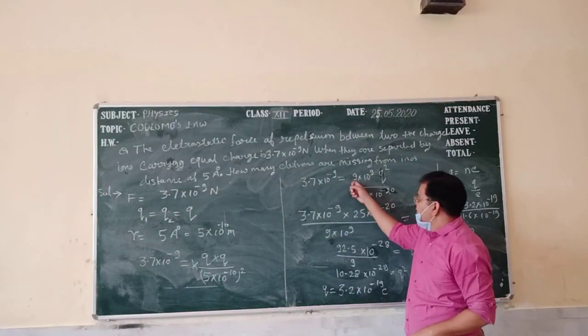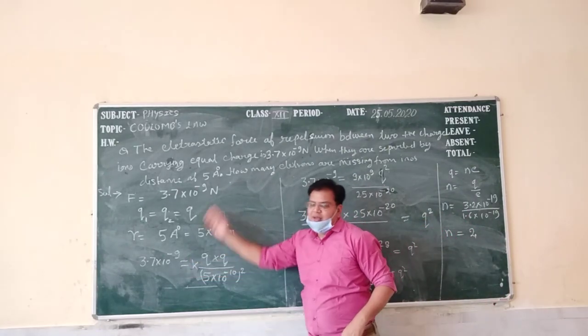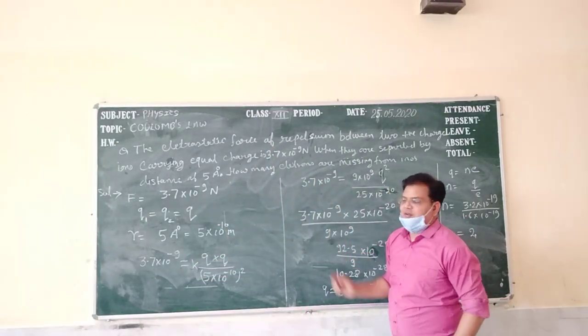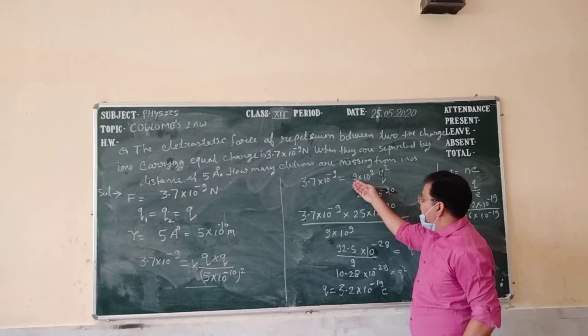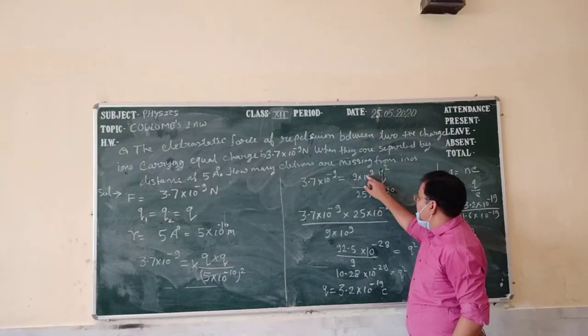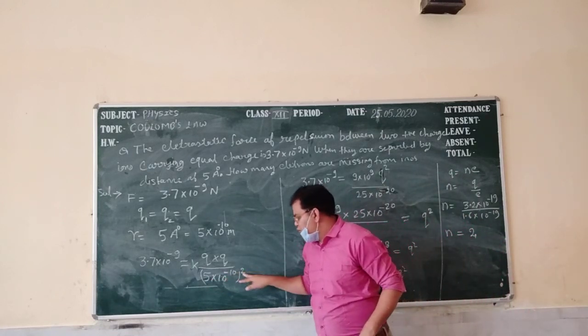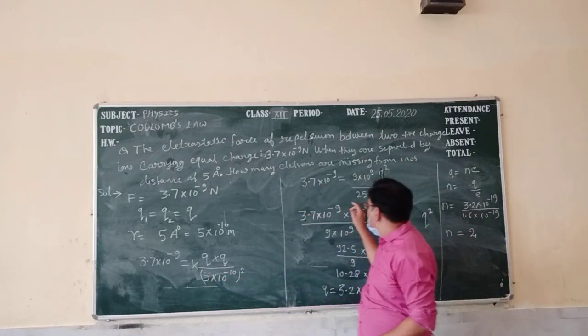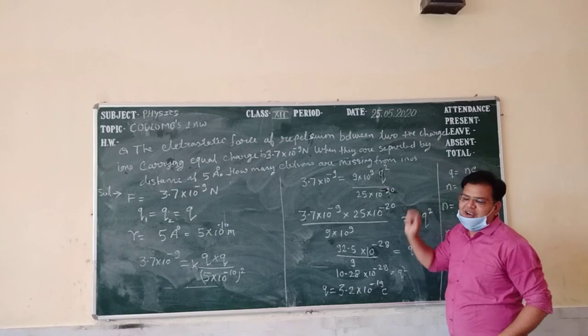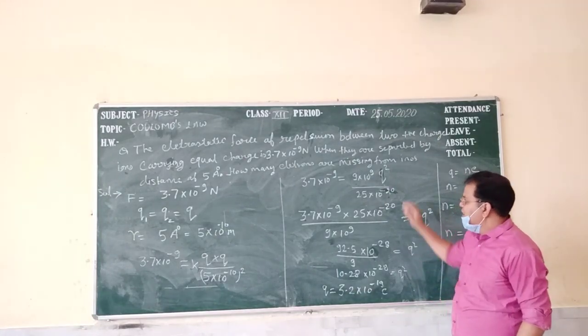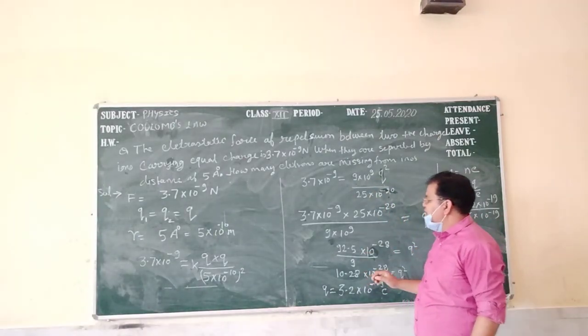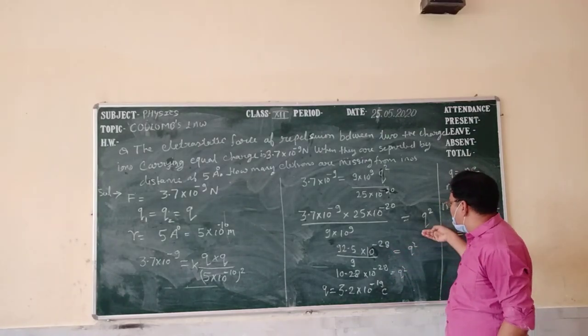Put the value of K, as both are in free space, given in the question. Then 9 into 10 to the power 9 into Q square upon 5 square, 25, and 10 to the power minus 20. Just adjust the values and find the value of Q square.